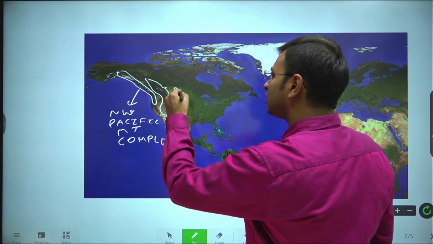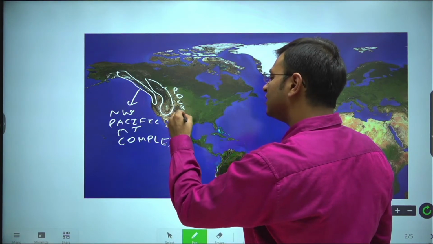This will be the Rockies of North America.